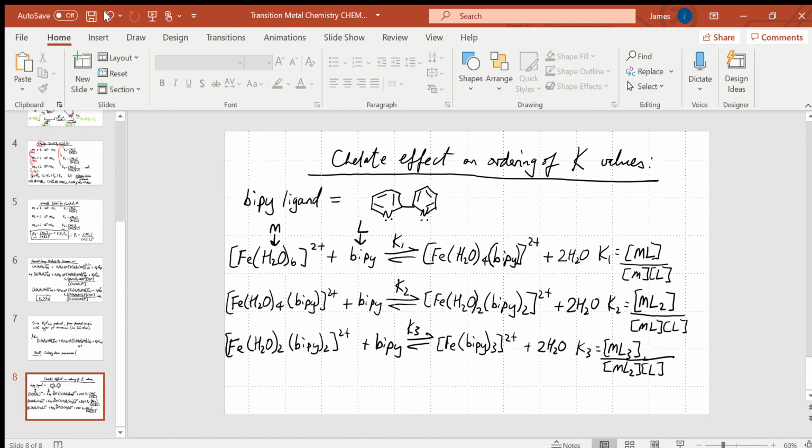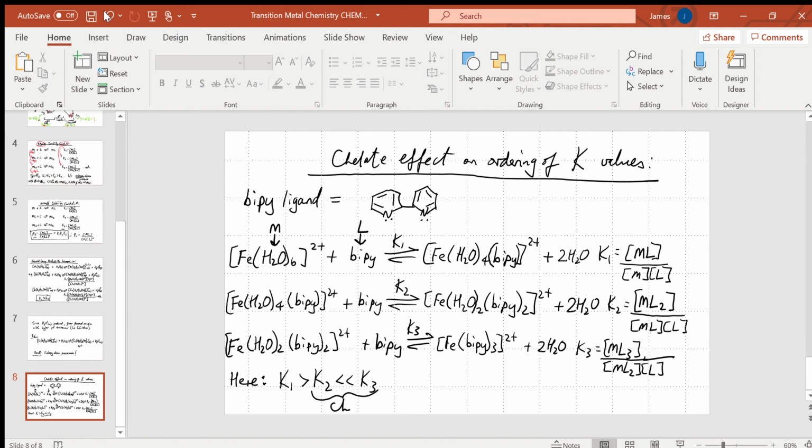Okay, so here what we notice, the chelate effect, is we actually see, as expected, K1 is greater than K2, but then the whole thing is a lot less than K3.